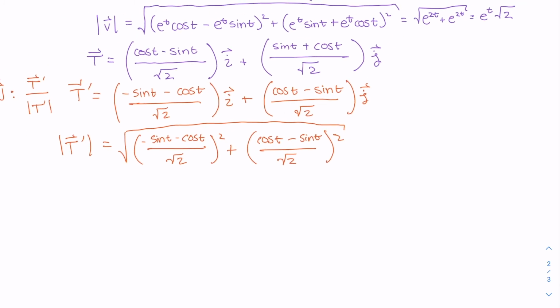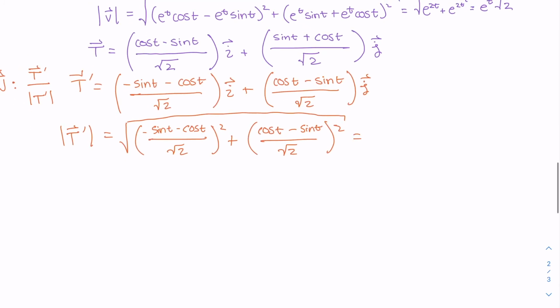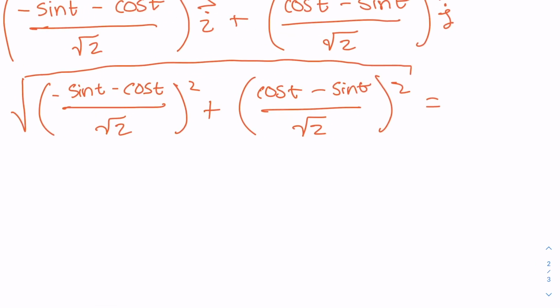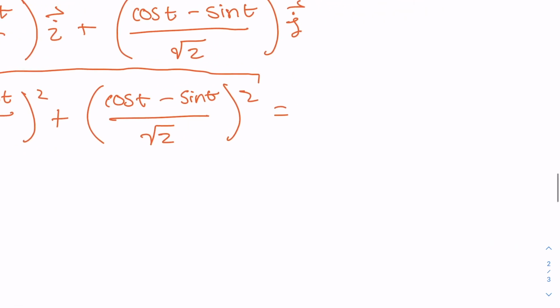And that will give us, what does that end up giving us? So we get sine squared plus cosine squared, 1 over 2 plus 1 over 2. So that gives us the square root of 1/2 plus 1/2, which is just 1.